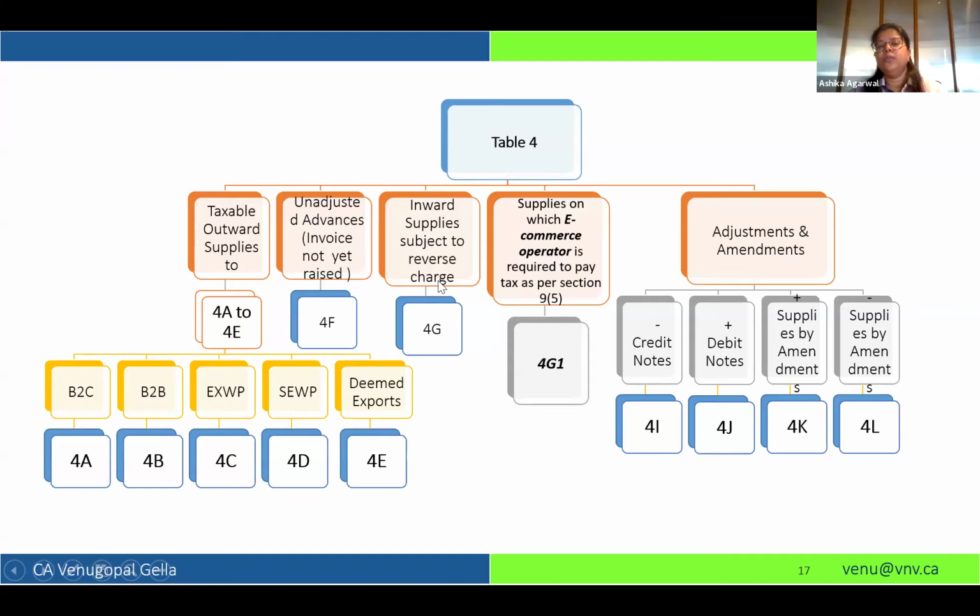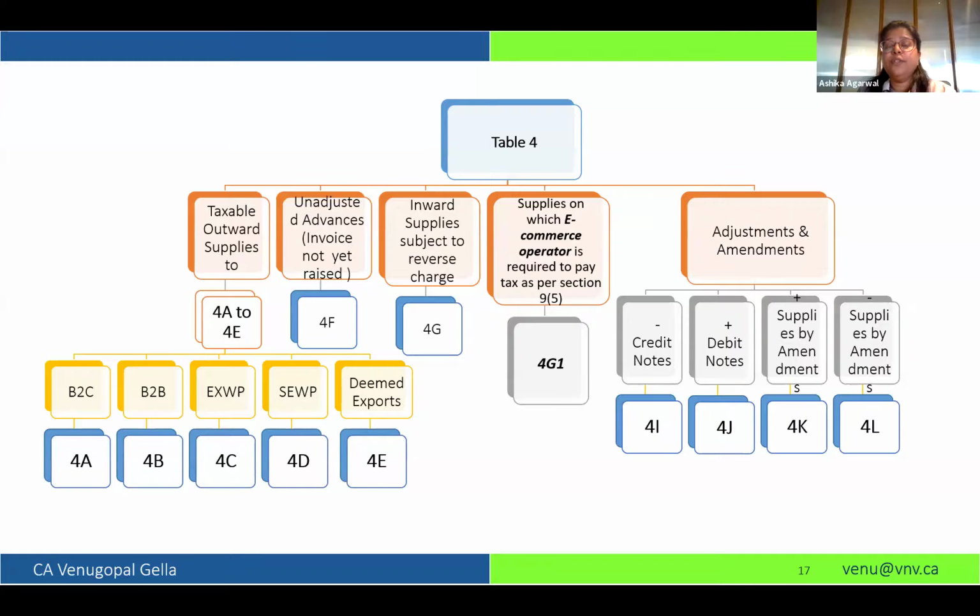Now, apart from outward supply, we also pay tax on our inward supply liable under RCM. So in table 4, one exception apart from outward is your RCM liability, which is specifically covered in 4G.